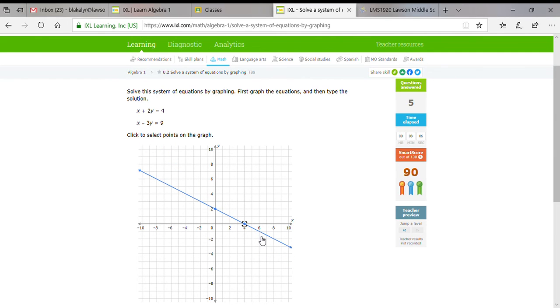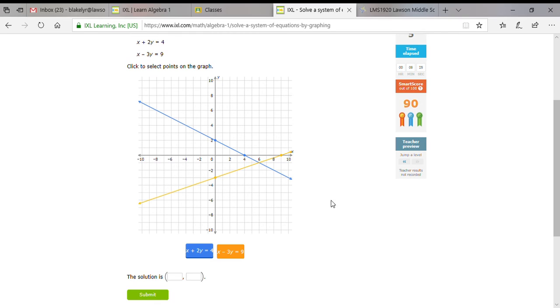So that would look like that. Make sure you click the other line. Quick table for this one, an x-intercept of +9, so it's way over. And remember, you're going to divide by -3. That coefficient there is -3, so your y-intercept would be -3, since 9 divided by -3 is -3. So here, +6, -1.